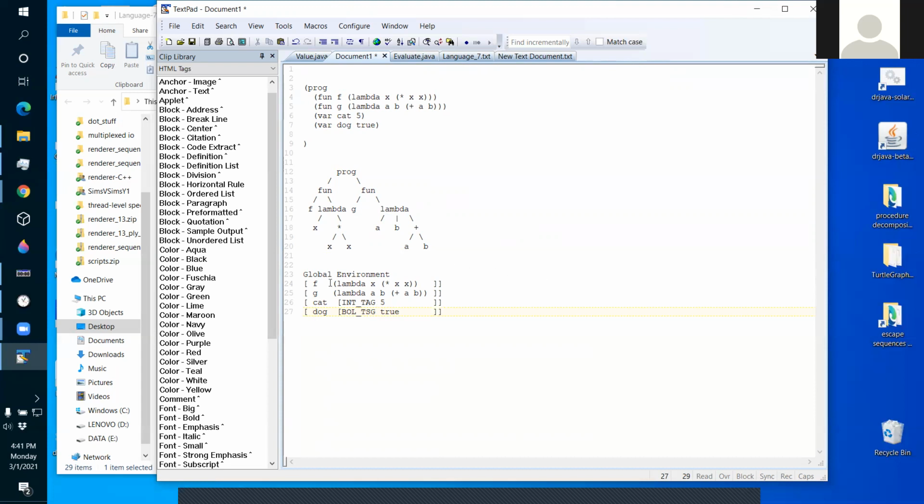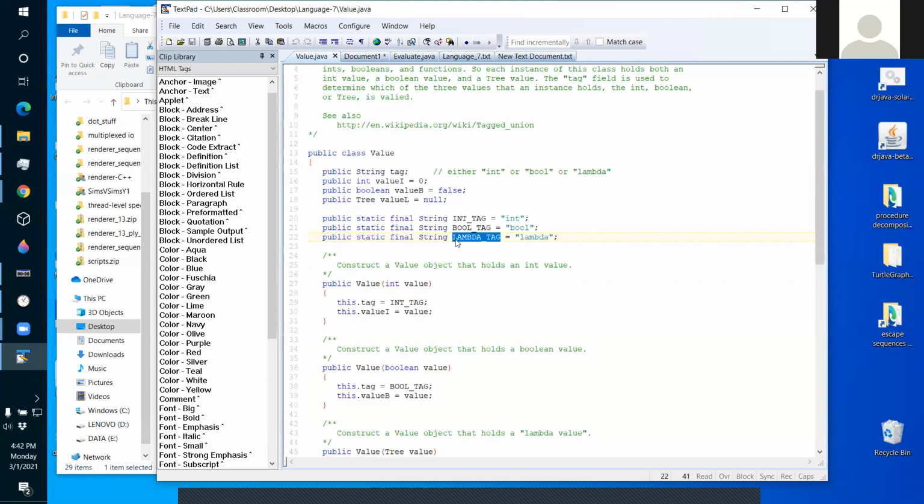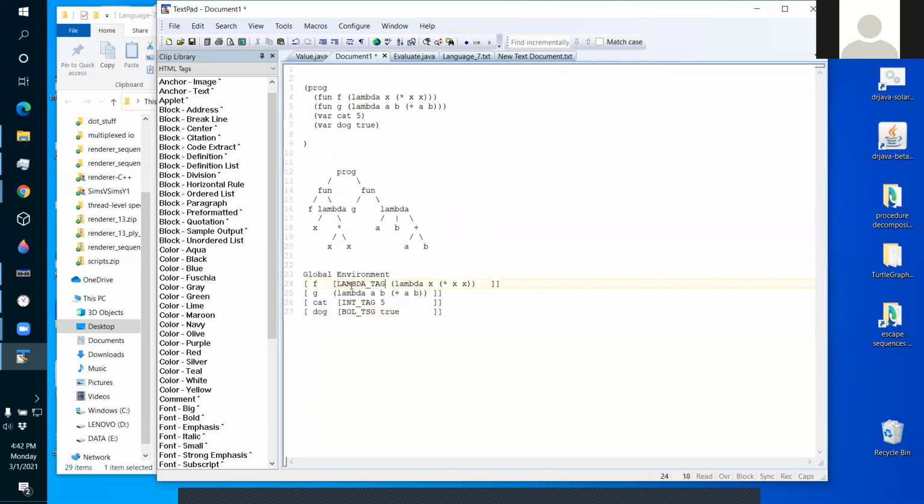Okay, and these would be values with lambda tags. So this one's a lambda tag, and this one also is in the environment as something with a lambda tag. Okay, so I would have these guys in my environment. I'd have two values with lambda tags, a value with an int tag, and a value with a bool tag.